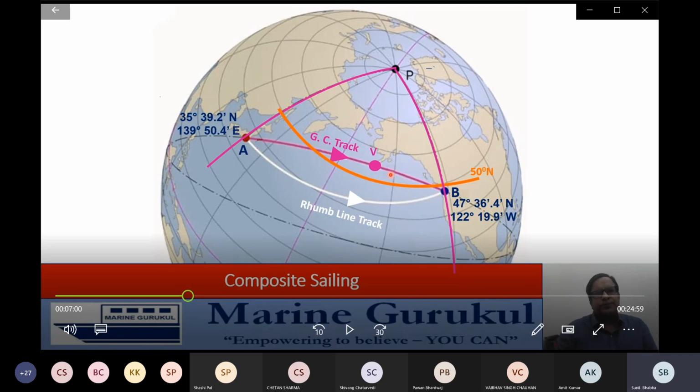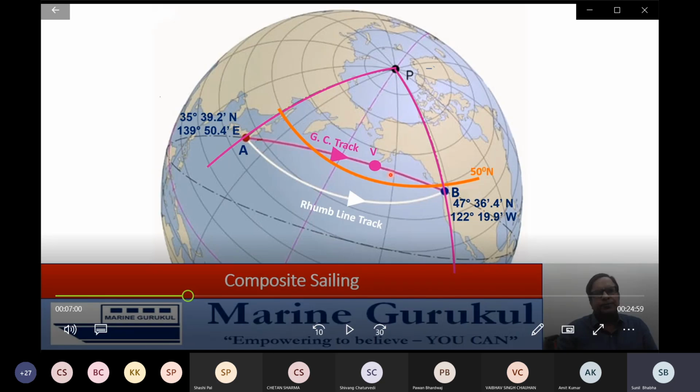So with these, the master and the navigating officer decide upon the limiting latitude. In this case, they have decided upon 50 degrees north latitude. So they do not want to go northward of 50 degrees north latitude in any case. If we follow the great circle track, it is crossing this latitude, it is going into higher latitudes. We don't want that.